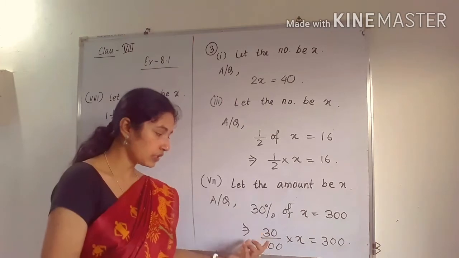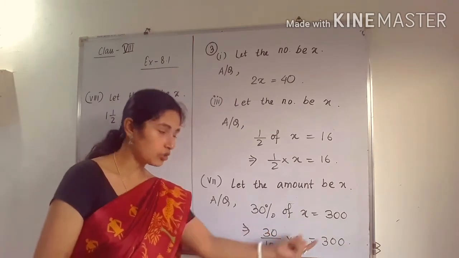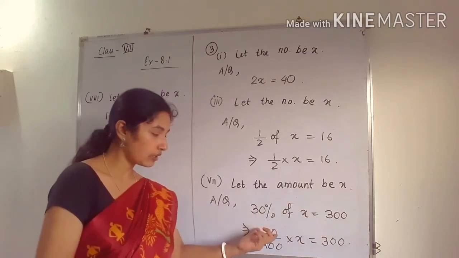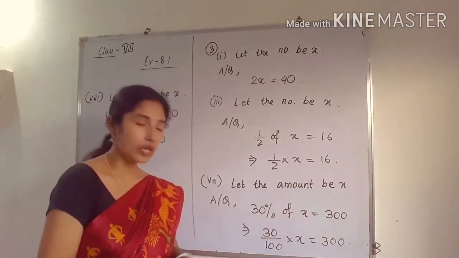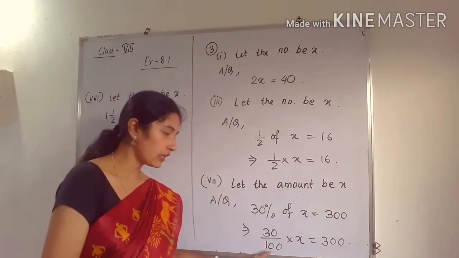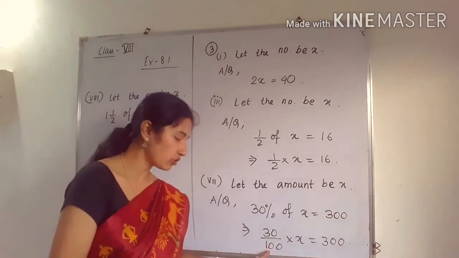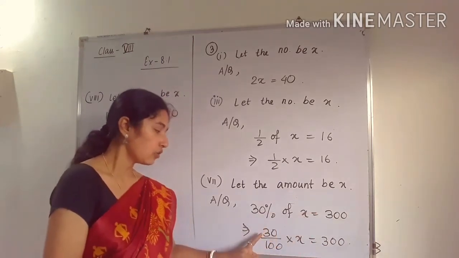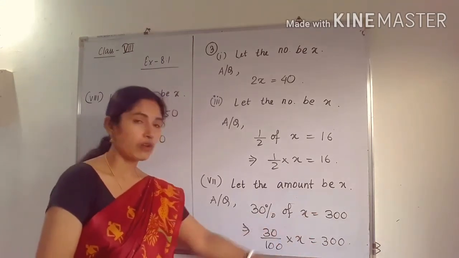First of all, take 100 to that side, it will get multiplied with 300. Then you can take 30, it will get divided. Or you can do 0, 0 cancellation. Then this will be 3 by 10. First of all you have to take 10, it will be multiplied with 300. Then you have to take 3, it will be divided. Okay.